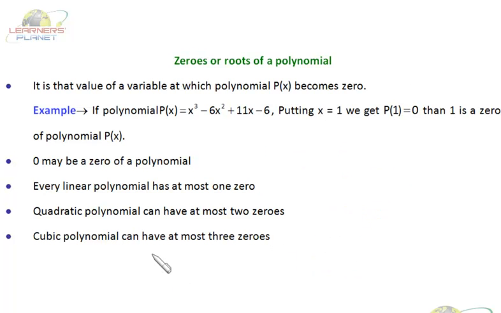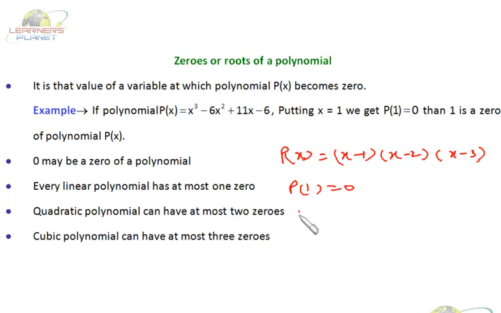Similarly, a cubic polynomial can have at most 3 zeros. Suppose I have a cubic polynomial p(x) as (x minus 1)(x minus 2)(x minus 3). It's a cubic polynomial because after expansion the highest power of x is 3. So p(1) is 0, p(2) is 0 and p(3) is 0.